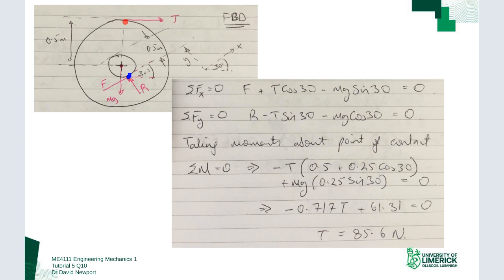So that's the distance from the line of action of T to the point at which we're taking the moment. And then with mg times 0.25 sine 30, and again 0.25 sine 30 there is the distance. Okay, so we end up with T as being 85.6 newtons.